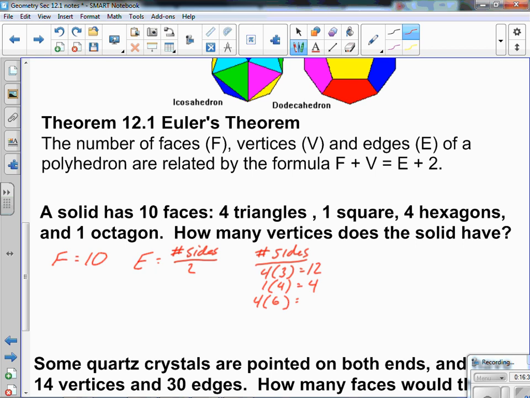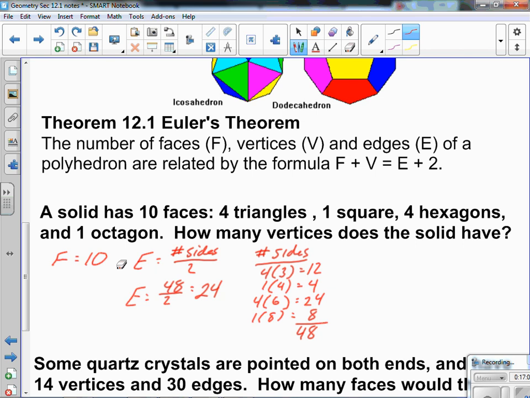Which is 4 times 6 is 24. 1 octagon, 1 times 8 is 8. So we add all of those together. 12 plus 4 is 16, plus 24 is 40, plus 8 is 48 sides total. So the number of edges is going to be 48 divided by 2, or 24.